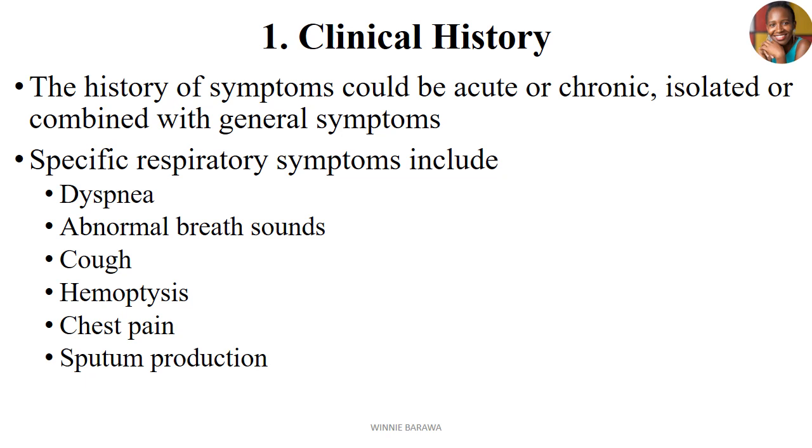This is bleeding that could be present in sputum, or bleeding that originates from the nasal openings, or can be observed in the excretions coming out from the respiratory system. There's chest pains, which could be pleuritic or localized. Then there's sputum production. So these are various histories or symptoms that could guide us as you're taking the history from our client.